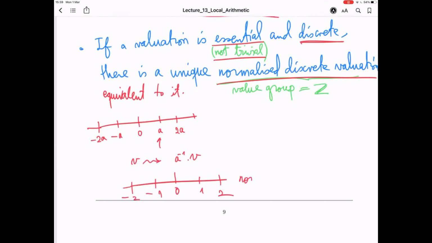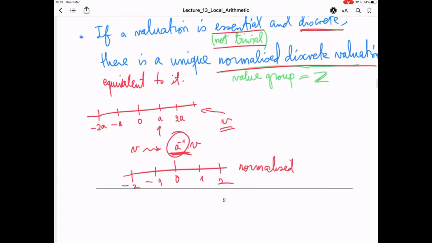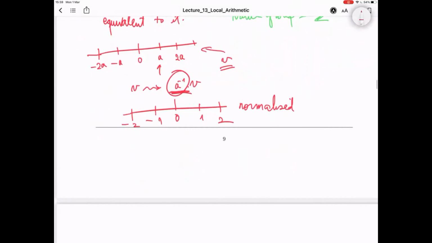So this is the one which is normalized, right? And obtained from this V by multiplication by a strictly positive real number.